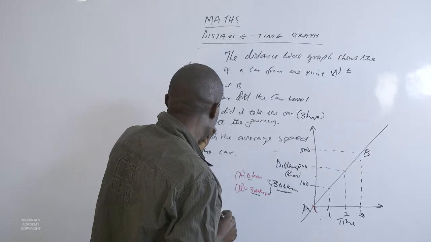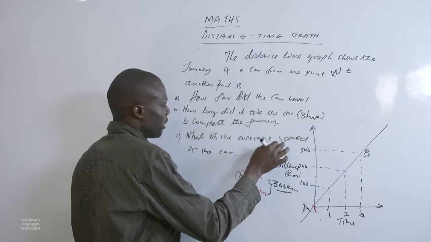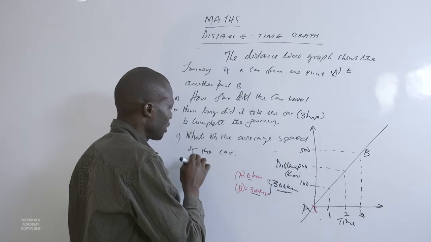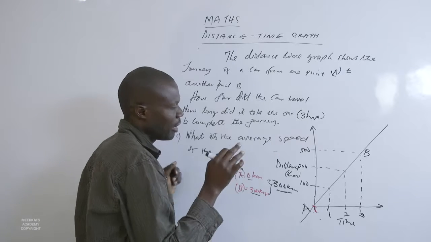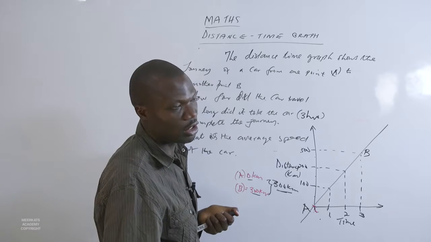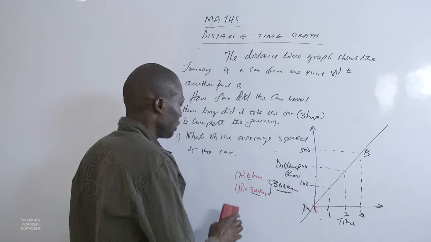The last question: what is the average speed of the car? The average speed is given by S equals D over T.